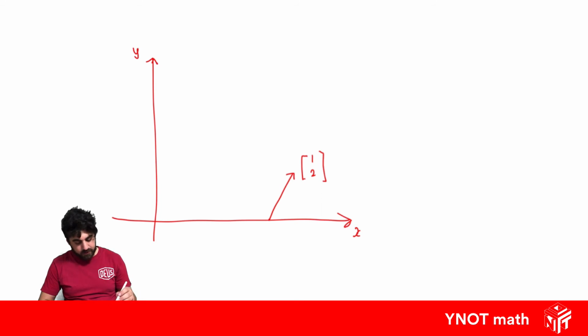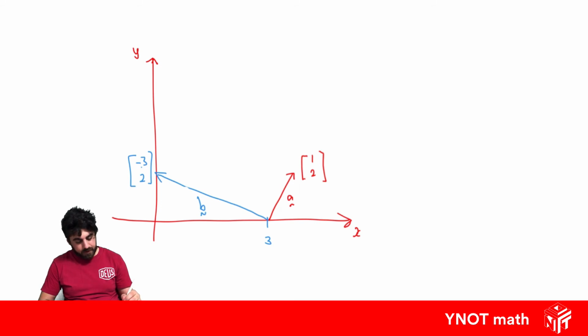Let's call that first vector A. And let's look at another vector that has an x component in a negative direction of 3, and a y component of 2, which means its column matrix will be -3, 2, and we can call this vector B.